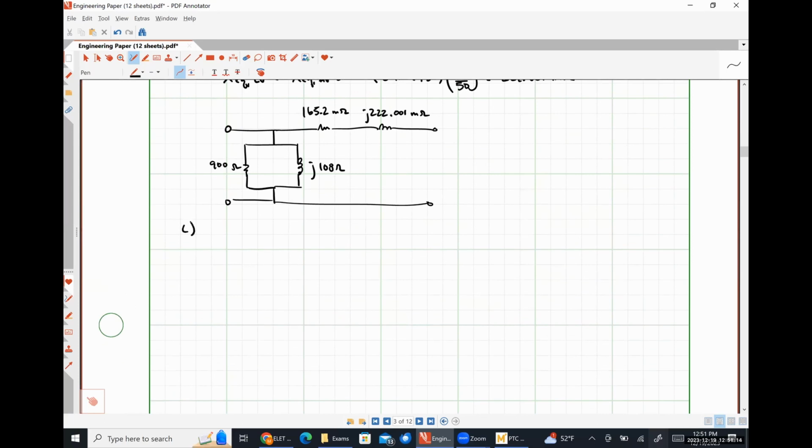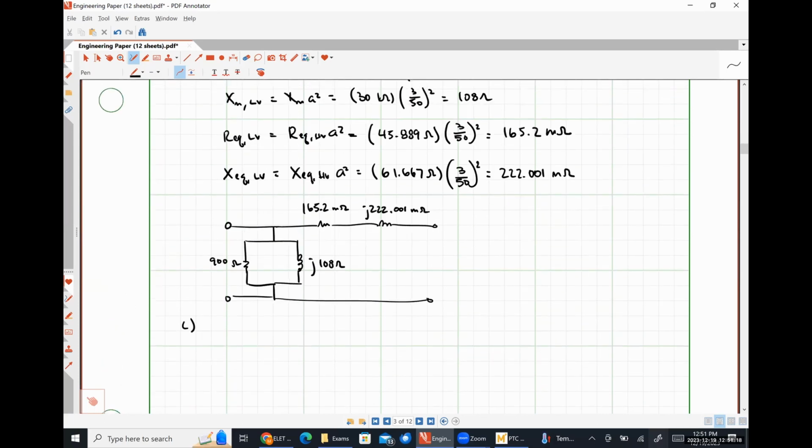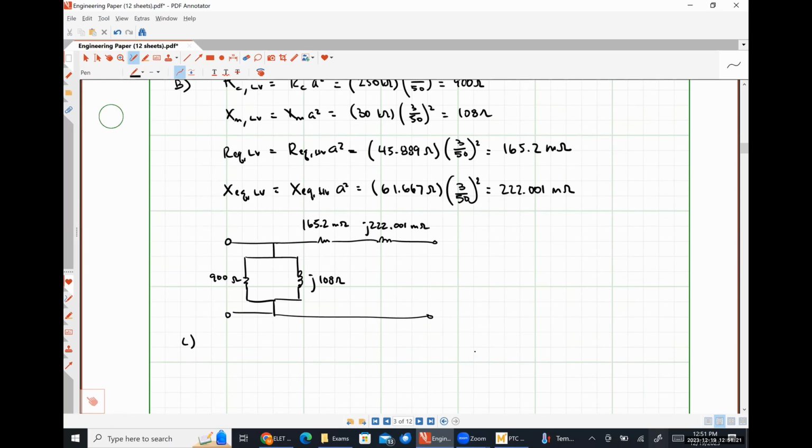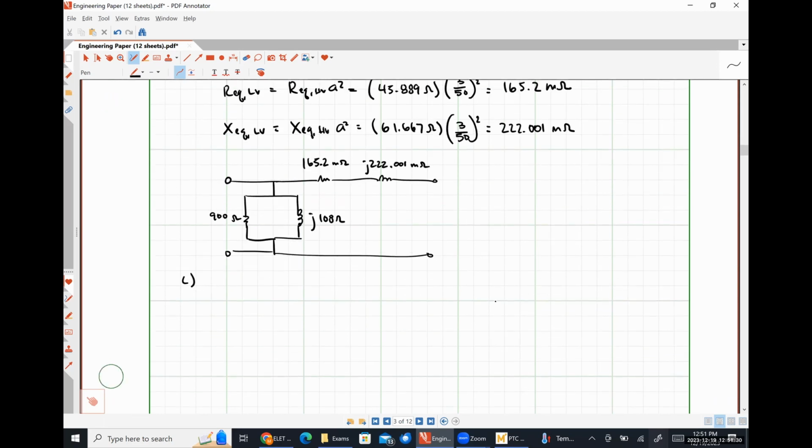So let me go down here to part C, right? All right, so complex power absorbed by our load is going to be 20 kilovolt amperes for the phase angle of the inverse cosine of our power factor, because we were told very explicitly that our load was drawing full power at a power factor of 0.8, right?